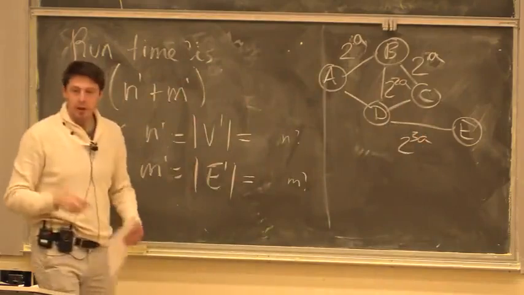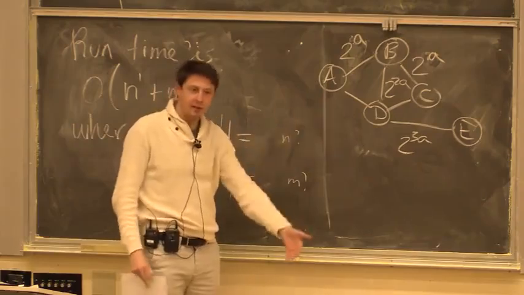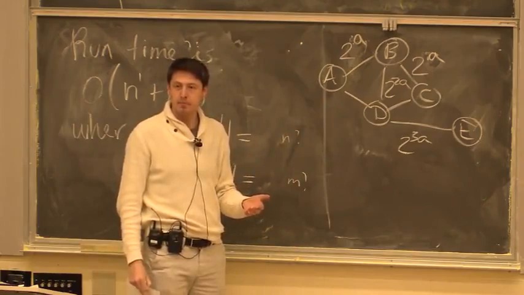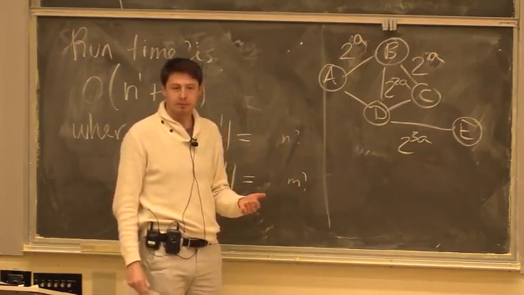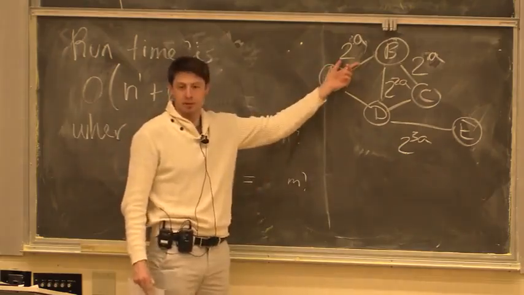This is not the same n. Okay? What is the bit complexity of this graph? To write it down, how many bits do I need? Like, how large is this integer?